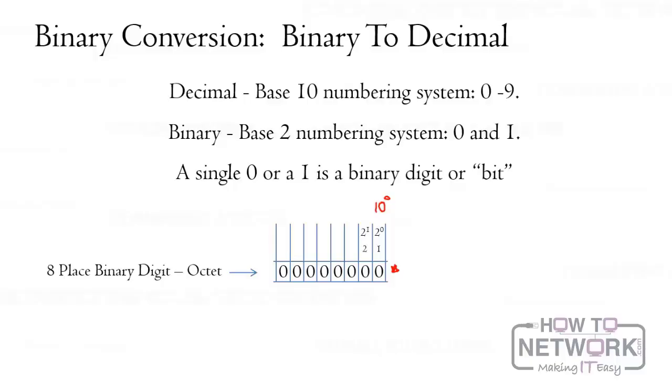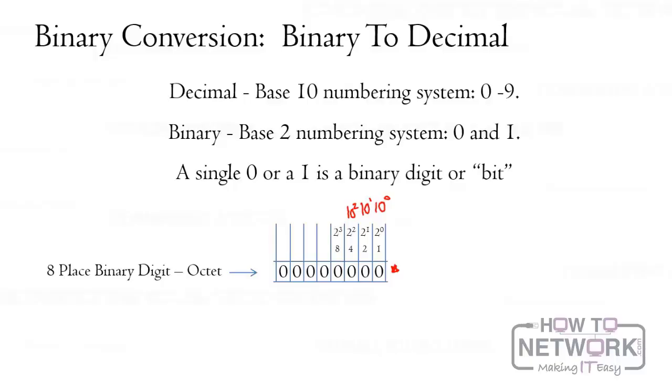Next, we have 2 to the first power, which equals 2. If you recall, in decimal we call this the tens place, since 10 to the 1 power is 10. Then we have 2 to the second power, which is 4. And in decimal, 10 to the second is 10 times 10, which is 100. You can see where this is going.